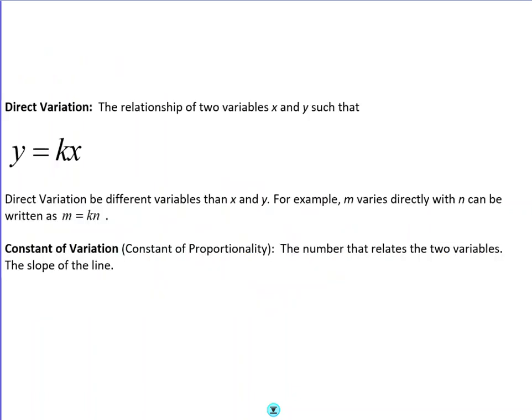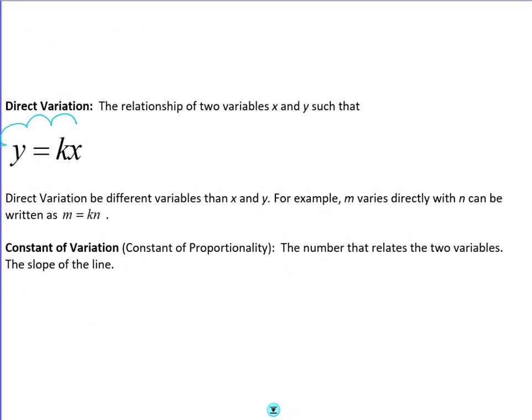First, direct variation is a relationship between two variables, x and y, such that y equals k times x. This is super important. That is the format that all of our equations will be in for direct variation.